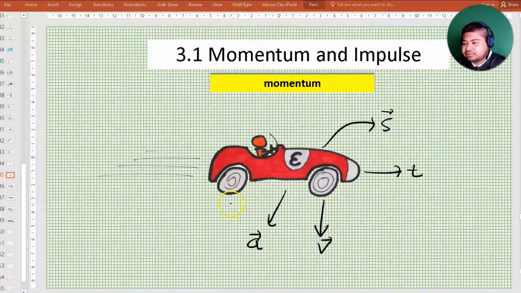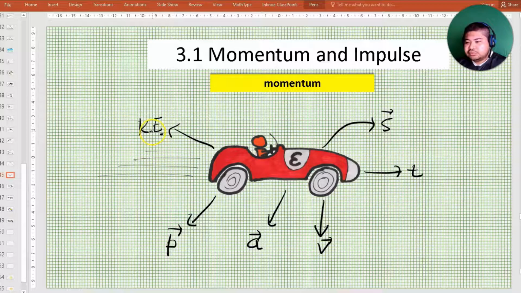The first one is momentum p, which is also a vector. So S is a vector, V is a vector, A is a vector, p is also a vector, and another one is the kinetic energy. So these are the new quantities that I'm going to introduce to you today, momentum and kinetic energy.